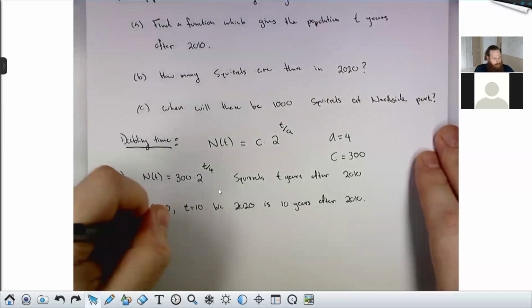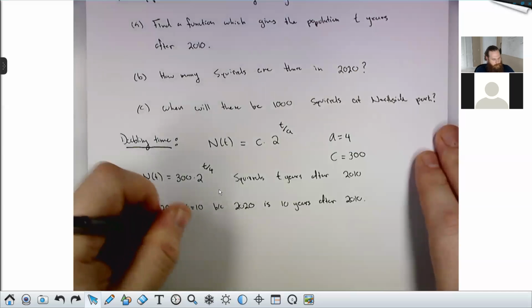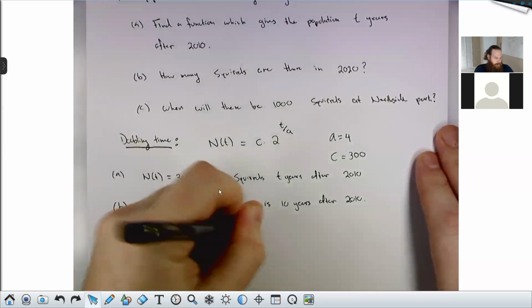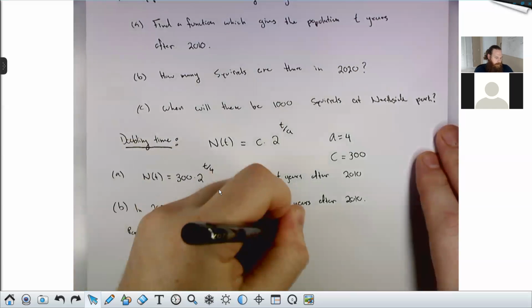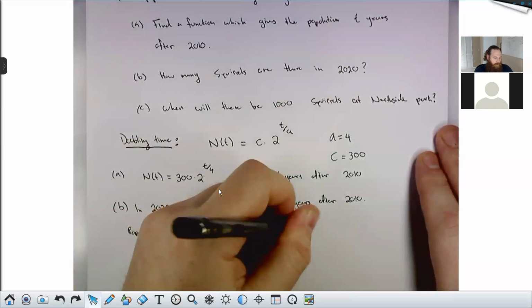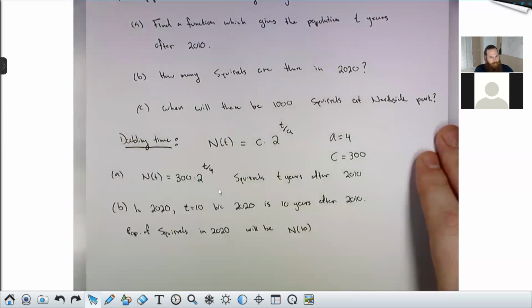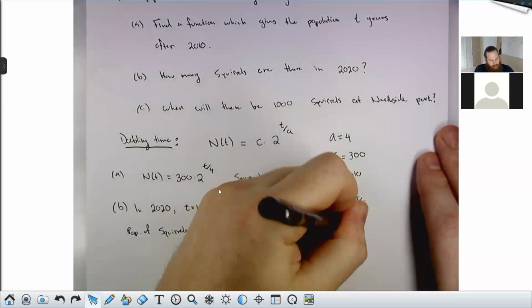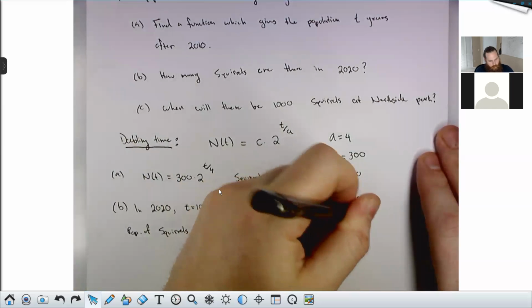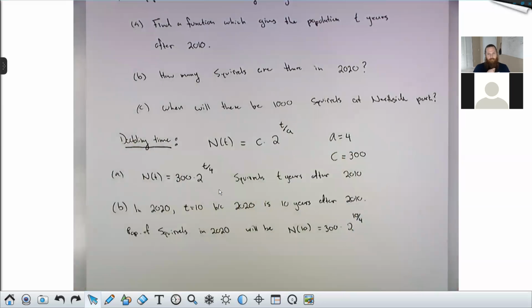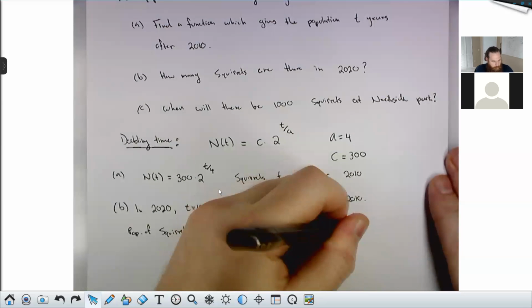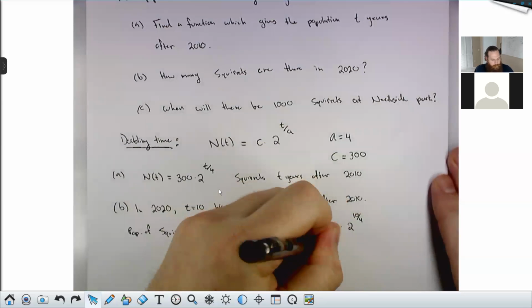So the population of squirrels in 2020 will be my function evaluated at 10, which is 300 times 2 to the 10 over 4. And this is not a super nice number. For these sorts of problems, you will often need a calculator at some point.